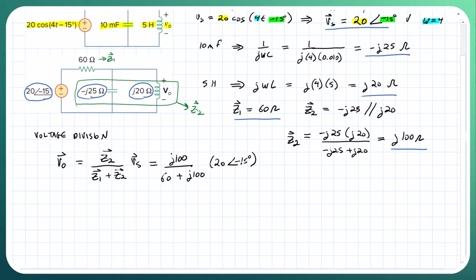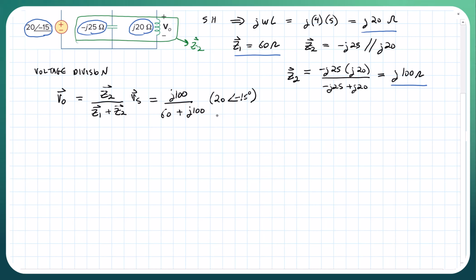Again, you have the choice here to put them all in rectangular format or put them all in polar format. There's a bunch of steps in here. I'll let you pause the video and work that out on your own to confirm how to do that. But as I mentioned in the previous example, you have two different methods to keep it in rectangular format or put it in polar format and do the math that way.